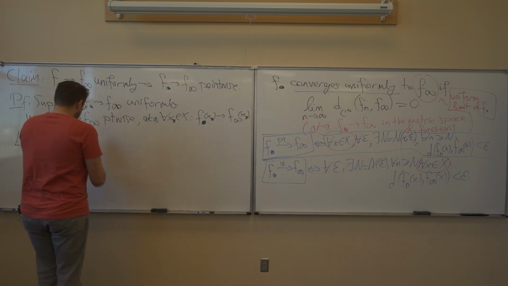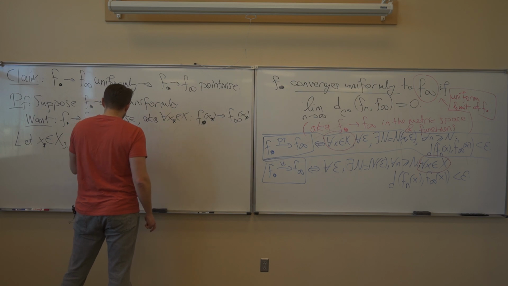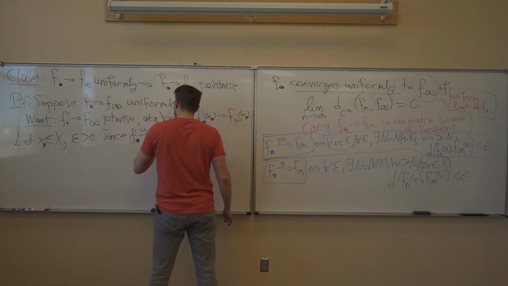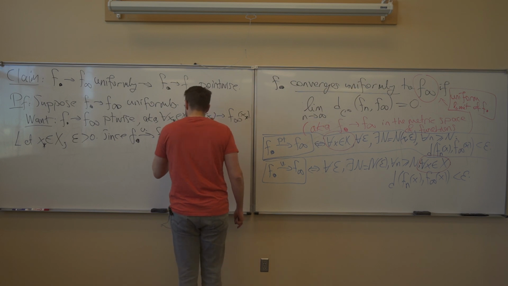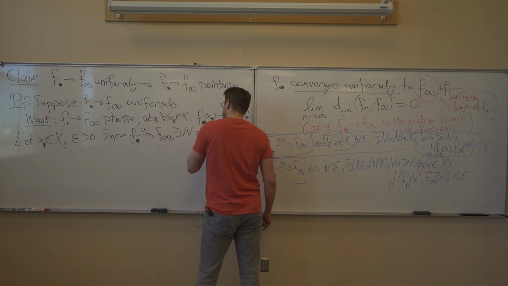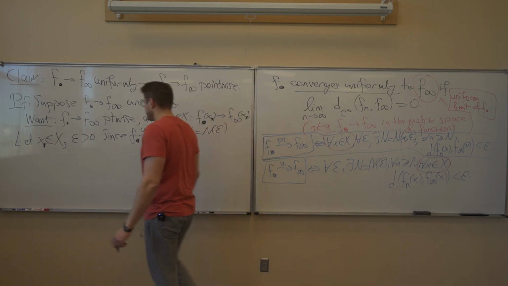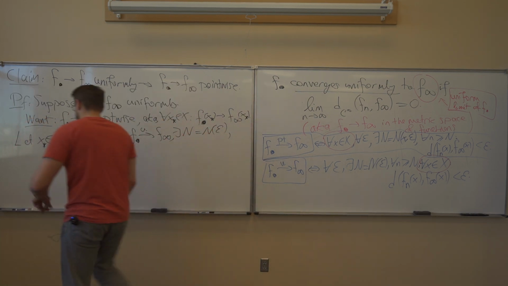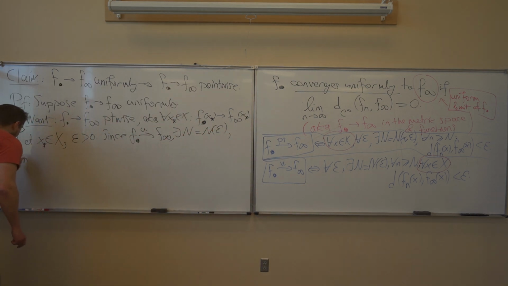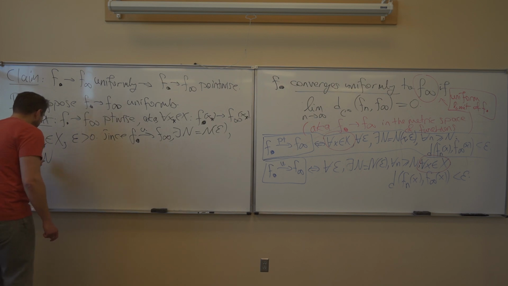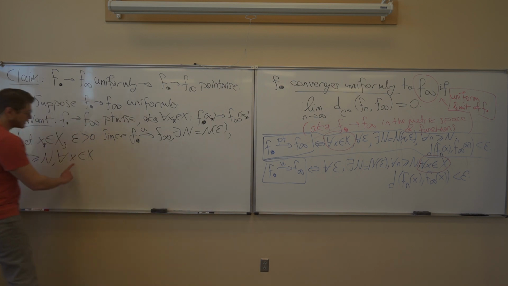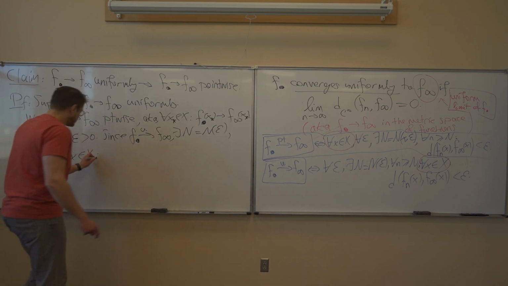Since f bullet converges uniformly to f infinity, there is an N that depends possibly on epsilon, such that after that N, and for any x, I have the bound.